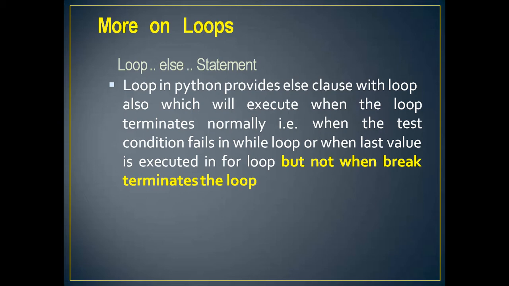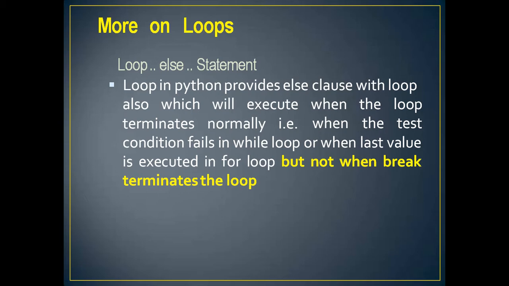We are already familiar with the else statement in conditional statements, that is if else, isn't it? If the condition is true, do a certain set of actions. If the condition is false, perform another set of actions. If you are doing action 1, action 2 must be ignored. If you are doing action 2, action 1 must be ignored.